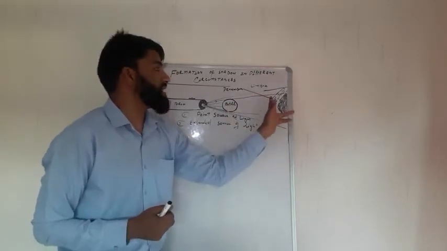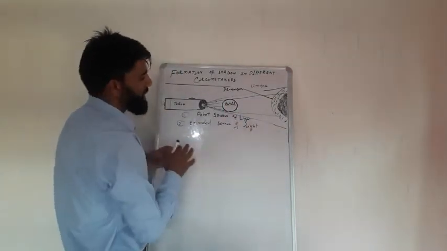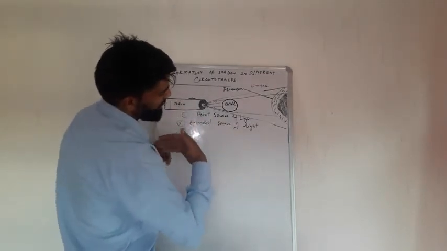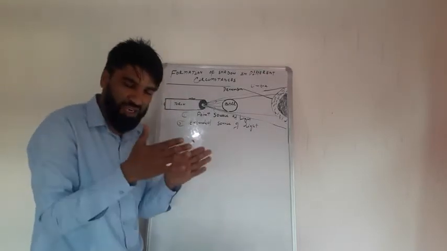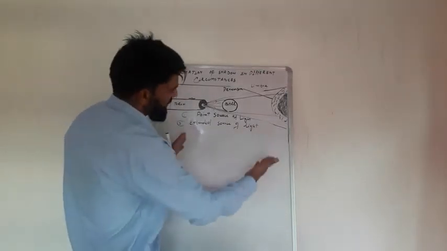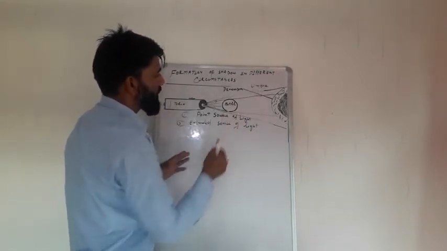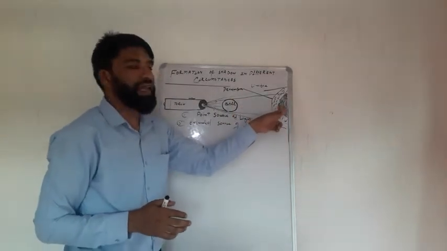But if the screen is placed at an exact position, not too near and not moved too far away, at a certain distance from this object, then we will see that the penumbra is smaller than the umbra.